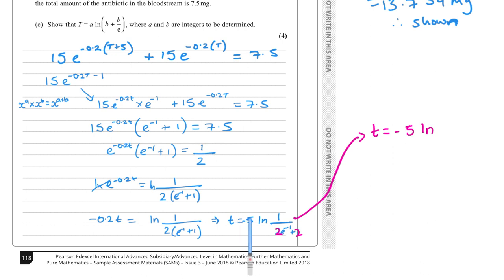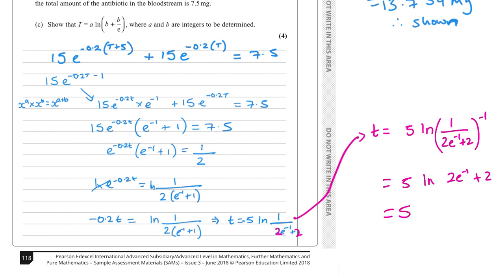This minus on the outside I can bring here, so this becomes to the negative, because it doesn't say that is a negative. Well, let's just do it this way. It's the only way I can think of to move this to the minus 1. Okay, there we go. We're getting somewhere now, which is ln to the 2e to the minus 1 plus 2 over 1, because we flip it.